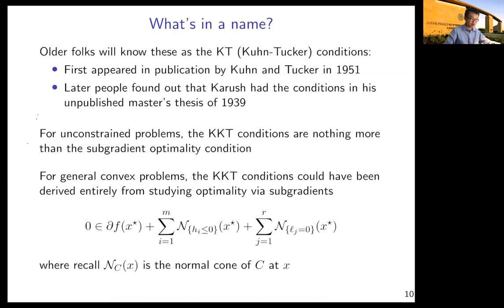So in general, it's not surprising, but for the KKT condition itself, you can basically just get it from the definition of the subgradient, stated in a less transparent way using the normal cone. Notice that we can always cast the convex optimization problem as an unconstrained problem with indicator functions, and then by using the subgradient optimality conditions, we can already get the KKT condition.